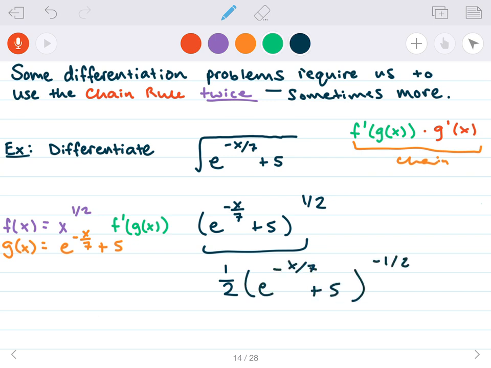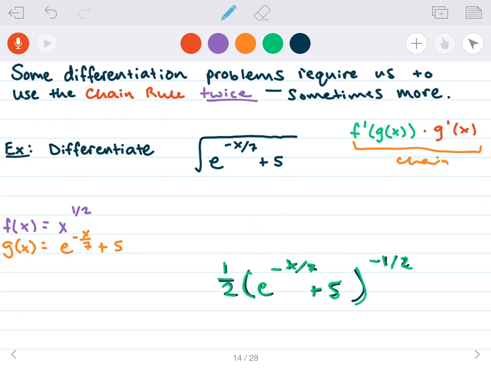So this is going to be f prime of g of x. So that's the first portion of our chain rule that we need. And we got it. It's 1/2 e to the negative x over 7 plus 5 to the negative 1/2.